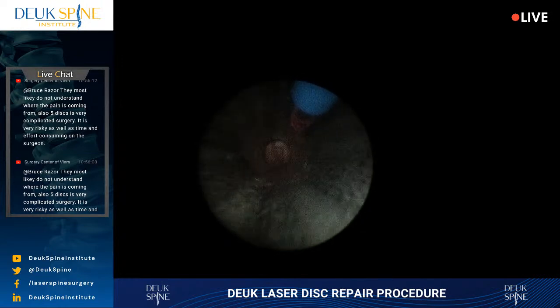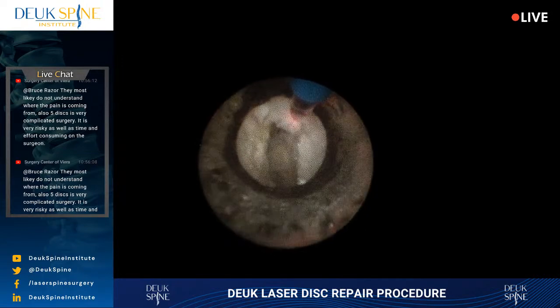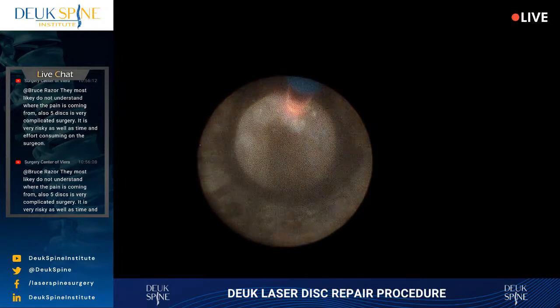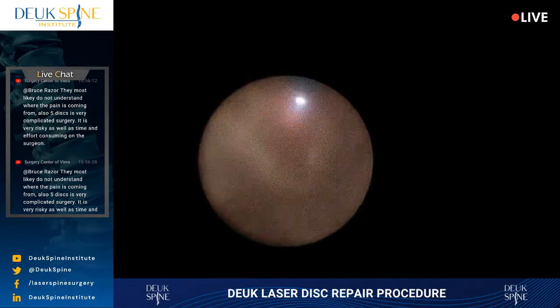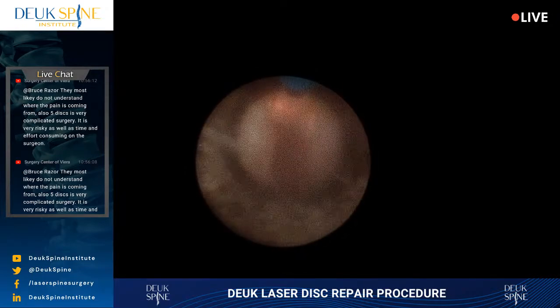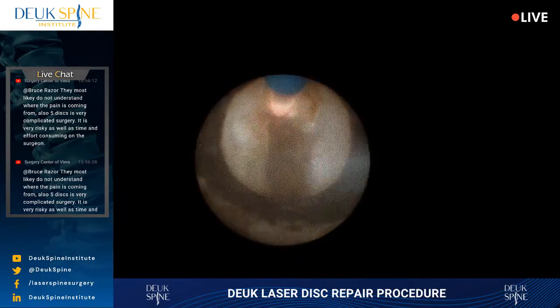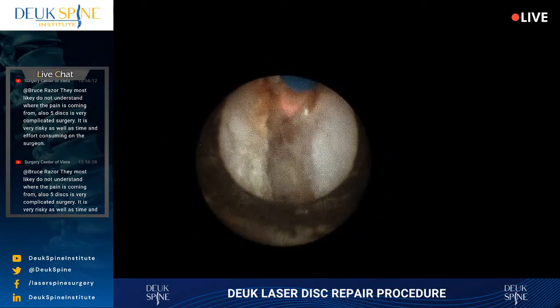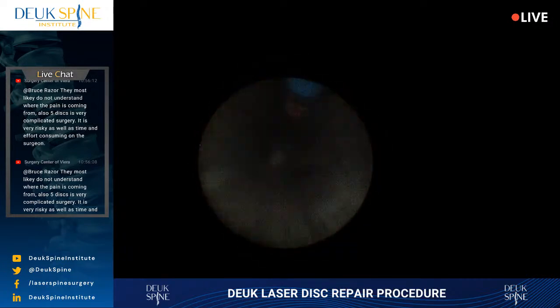I will say that unfortunately in the United States there's a tremendous pressure for spine surgeons to do fusion surgery, from companies that make billions of dollars a year selling the metal for the fusions and the cages.